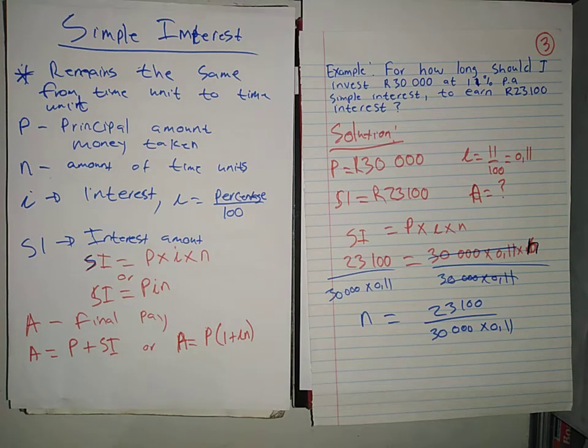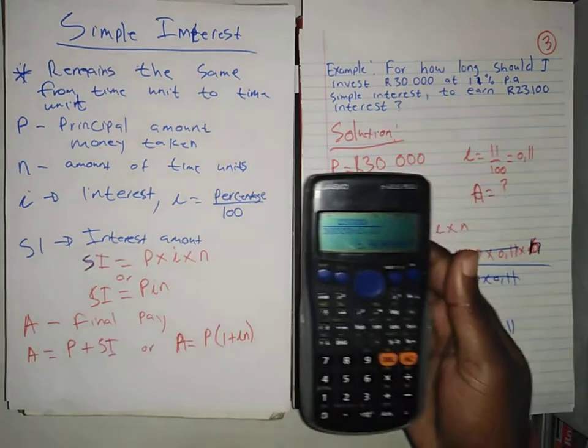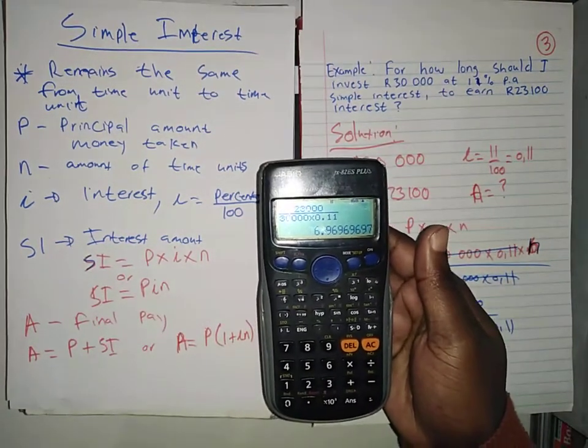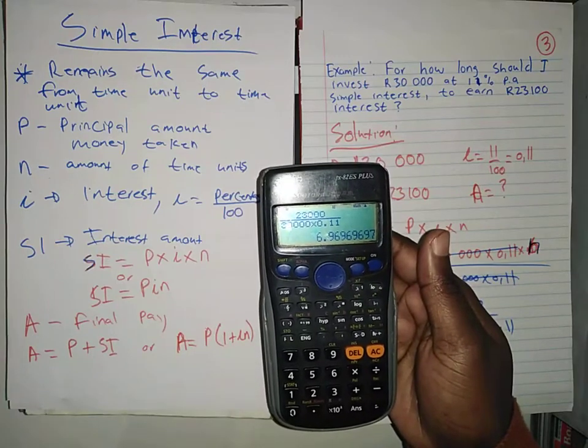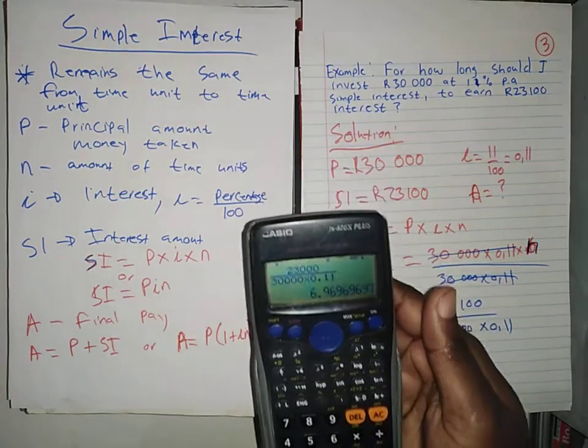So what do I get? Ladies and gentlemen, what I get here is a very interesting number. Can you see? I get 6.9696 and so on and so on.